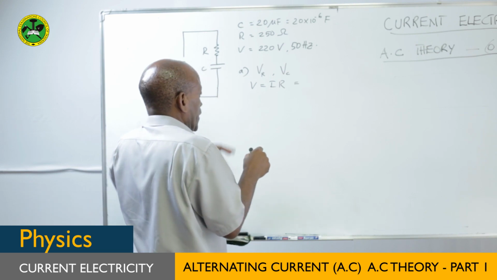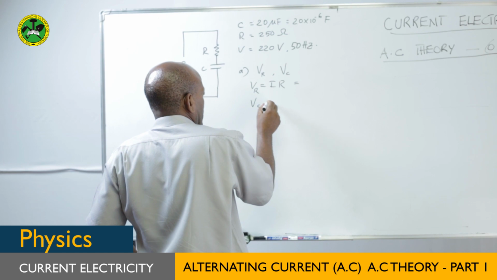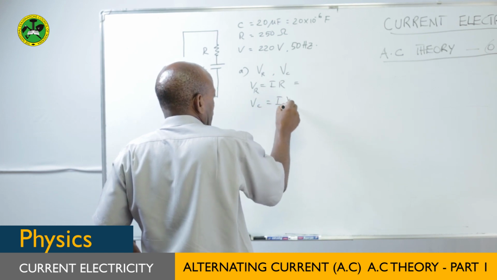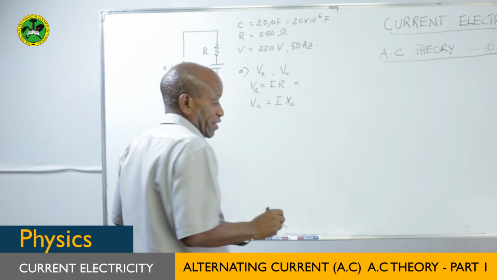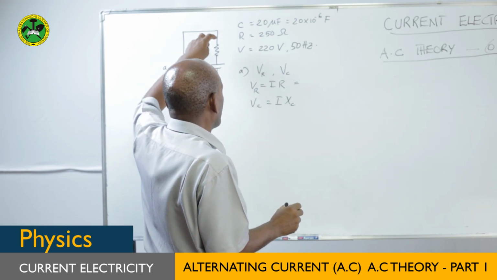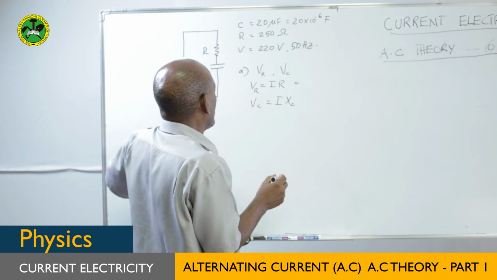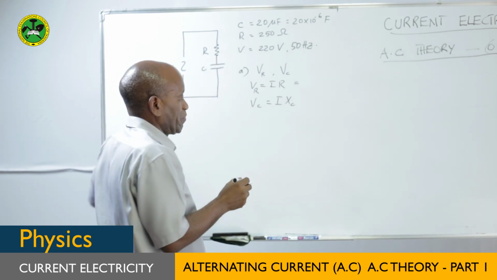And the voltage across a capacitor will just be equal to I times the capacitive reactance. So first of all, we need to obtain the actual current. To obtain the actual current flowing through the circuit, we need to know the impedance.